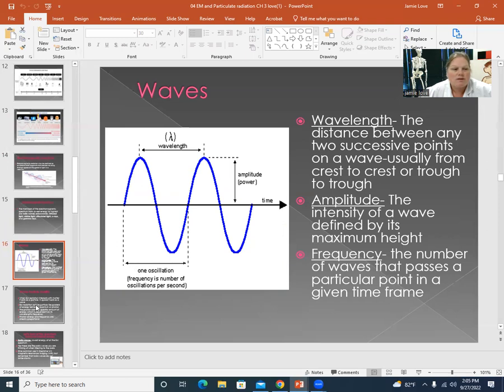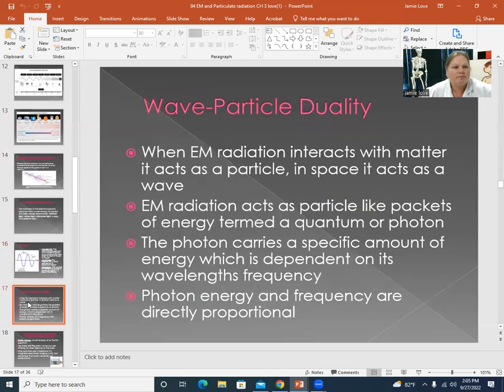That's more if we're talking about sound waves. So that wave-particle duality was a concept where X-rays can interact with matter in an EM spectrum way when they're at a certain energy level, but they can also go off that spectrum and into particulate radiation. So the word duality means they could be 2 things.